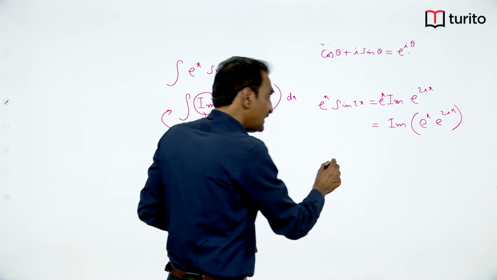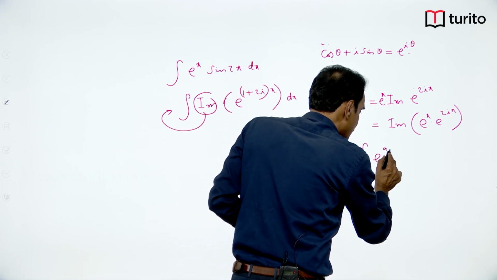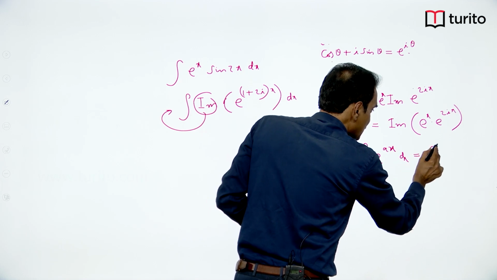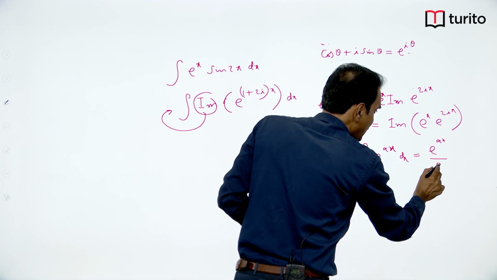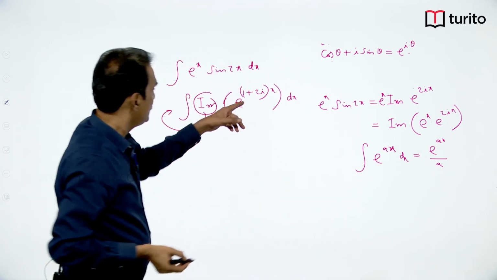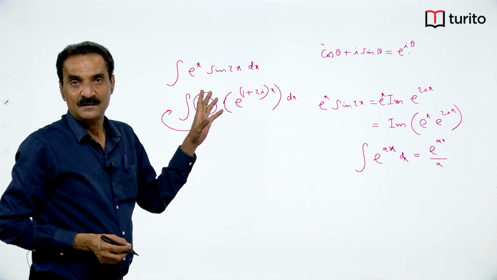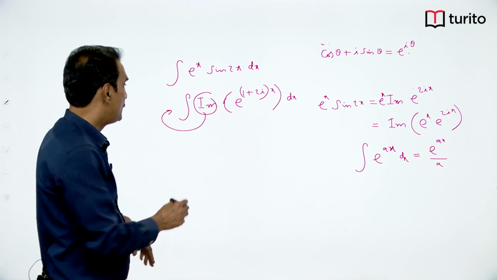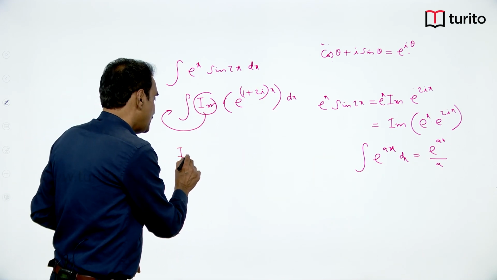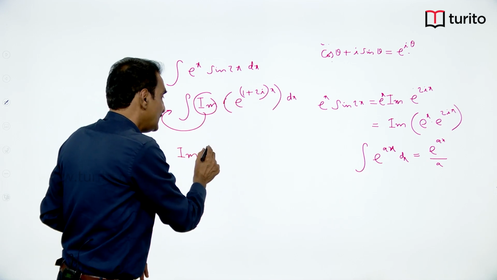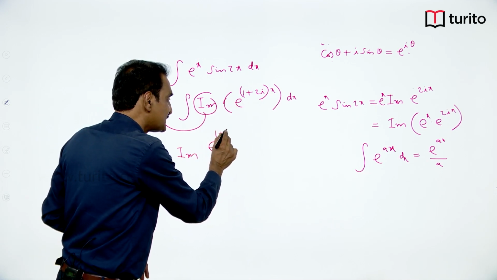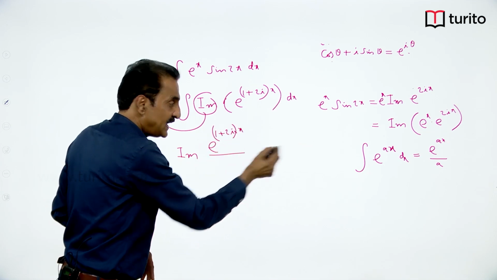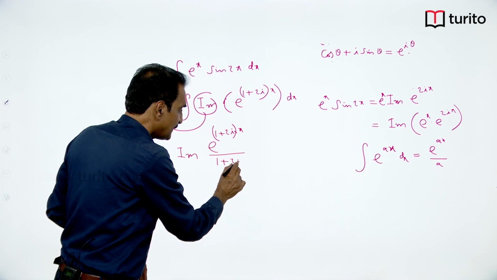We know that integral e power ax dx is e power ax by a. Here a is a complex number, even for complex constants that is allowed. So it is the imaginary part of, what is the integral? E power 1 plus 2i into x by 1 plus 2i.